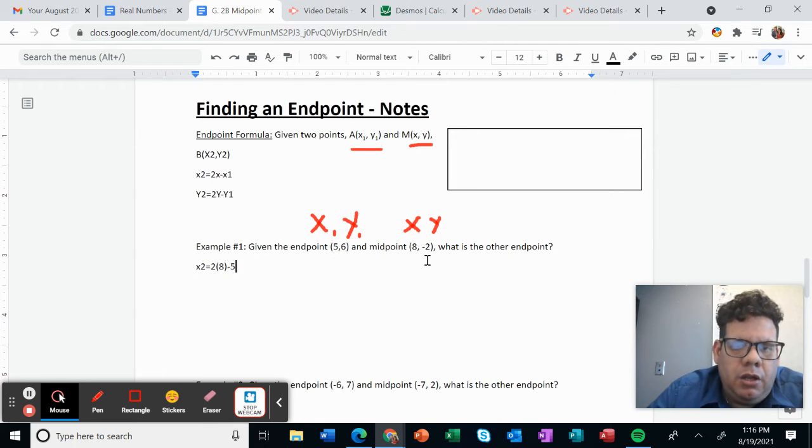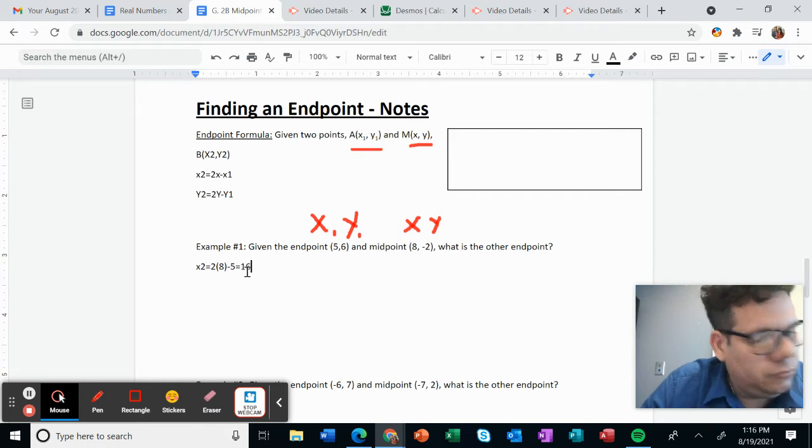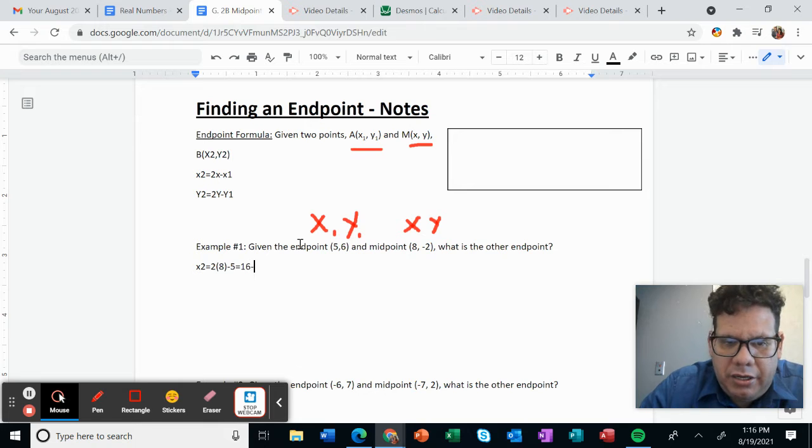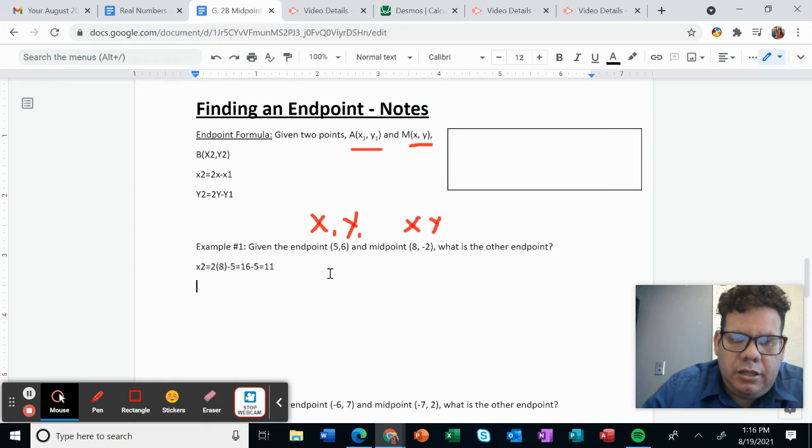Again, you multiply 2 times the value of x, 8, minus 5. So 2 times 8 is 16, and then 16 minus 5 is 11.